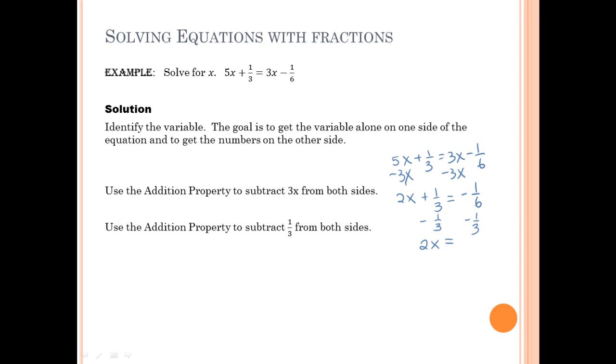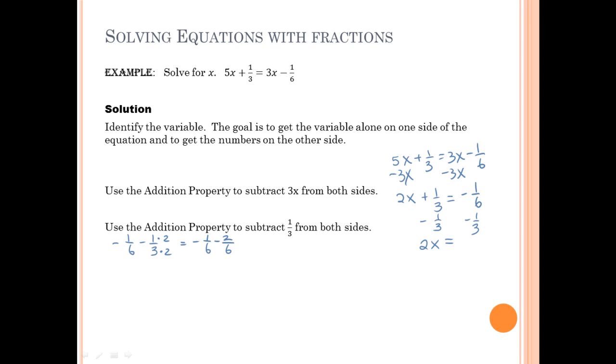On the right side, to subtract negative 1/6 minus 1/3, we need to find the LCD, which is 6. Now we need to rewrite each fraction with the denominator of 6. Negative 1/6 already has a denominator of 6. To rewrite 1/3 with a denominator of 6, we need to multiply the numerator and denominator by 2.